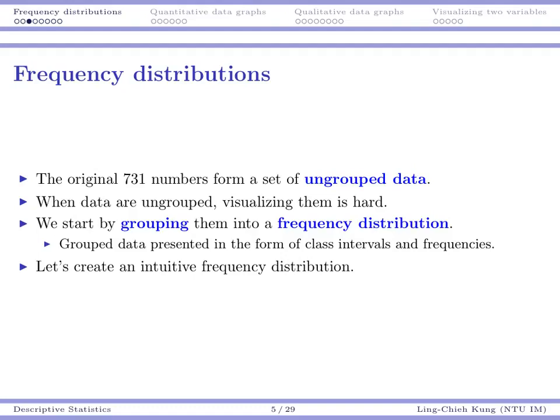When numbers are ungrouped, visualizing them can be very hard, because if you plot 731 numbers on a plot, it typically does not tell you anything. So an easier thing for people to understand your data graph is to first group those numbers into a frequency distribution. We will group them so that we can use class intervals and the frequencies to summarize our set of data. So let's try to do one.